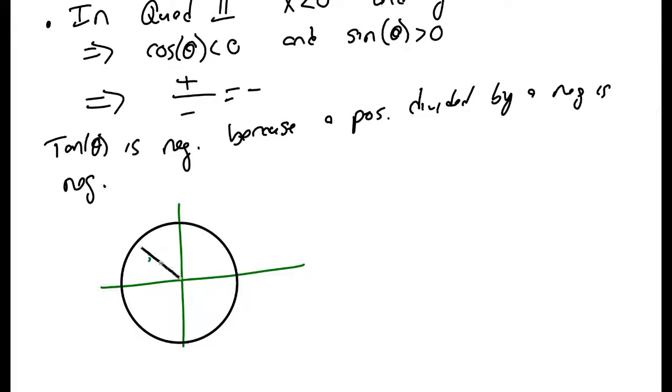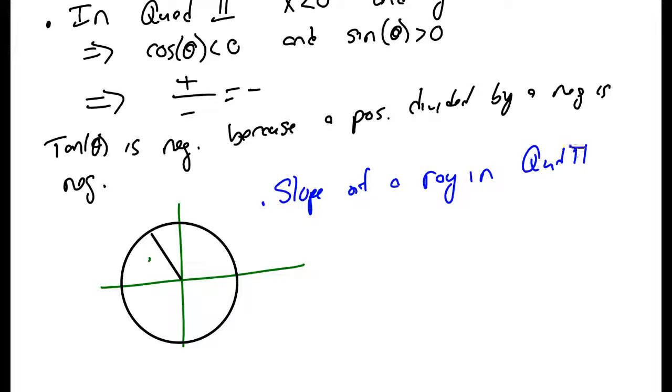That's the slope argument. The slope of a ray in quad 2 is always negative. And because the slope of this blue ray is the tangent of theta, tangent will always be negative in quadrant 2.